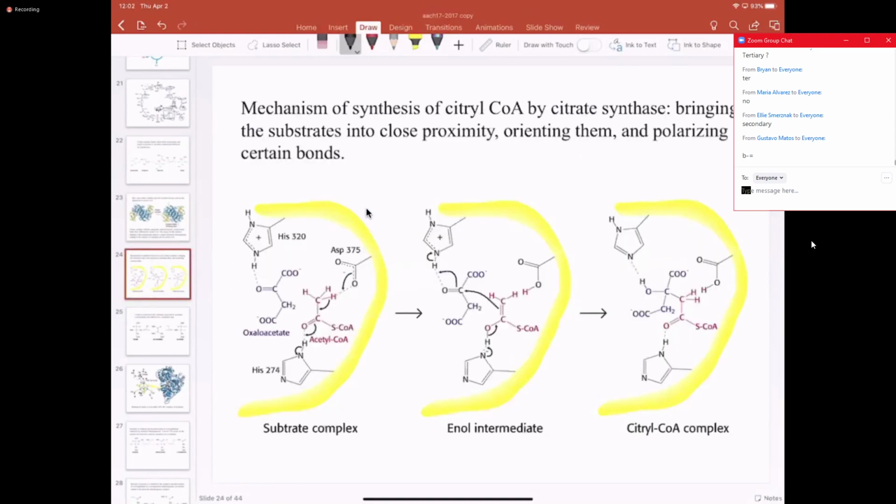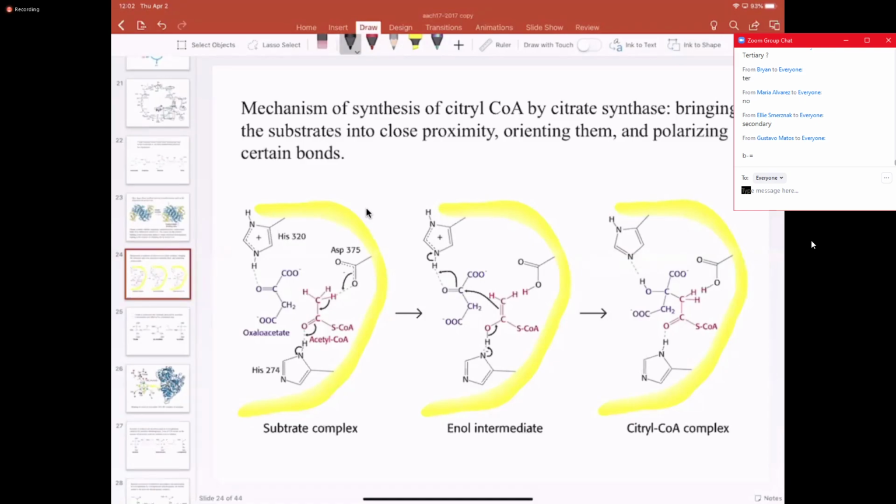Shown here is the mechanism for this reaction. It's not a complete mechanism, but it is a schematic mechanism. Please, again, make sure you know these particular mechanisms. In this case, it's a pretty simple mechanism. The first thing to do is you activate this carbonyl through an NH here, and you remove a hydrogen here to make the enol intermediate.